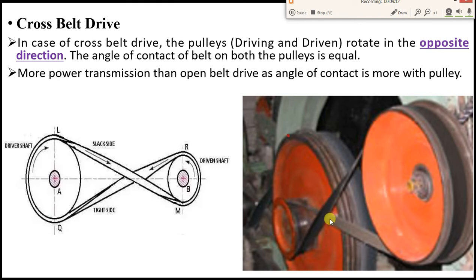At this point there is contact between the two belts, the first side belt and second side belt. So at this point of contact, due to movement of belt, there will be wear and tear of belt. So the life of belt will be less, because whenever the pulleys move, the belt will touch at this point of contact and get worn out. So the life of this belt will be less than the open belt drive.